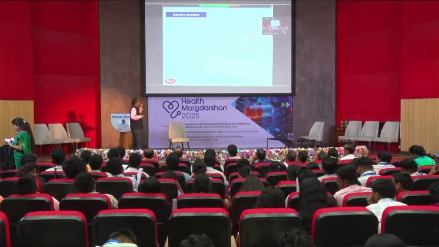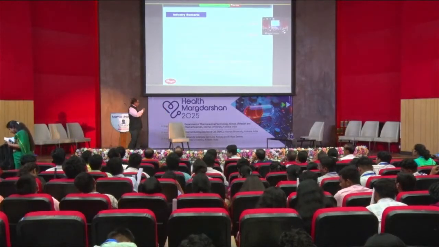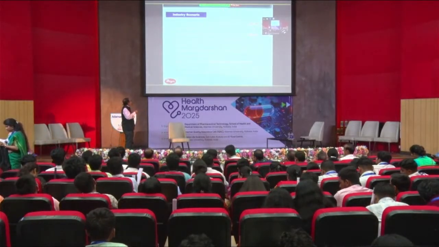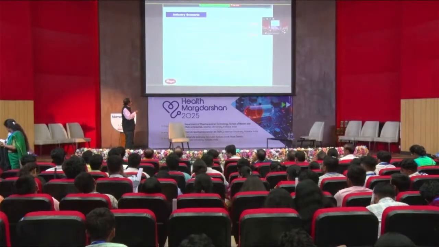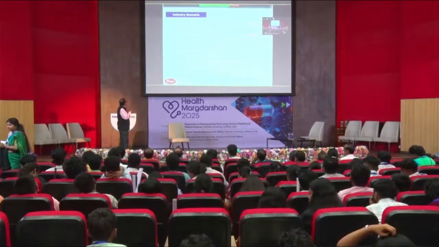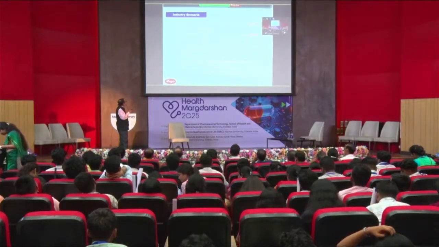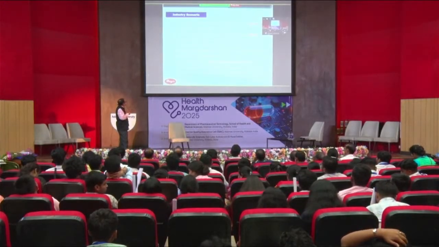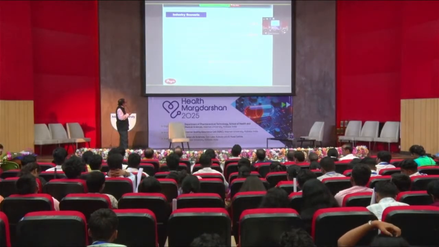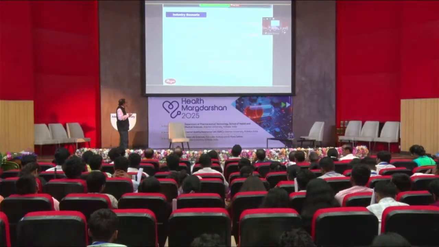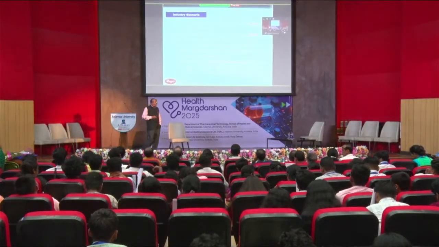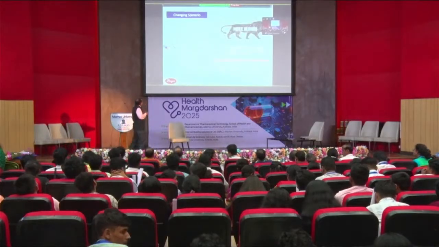So we all know that in the Indian scenario, currently our Indian turnover is $65 billion. We expect $130 billion within 2030, and India exports 60% of the global vaccine, out of which 70% of the WHO vaccines are exported from India.